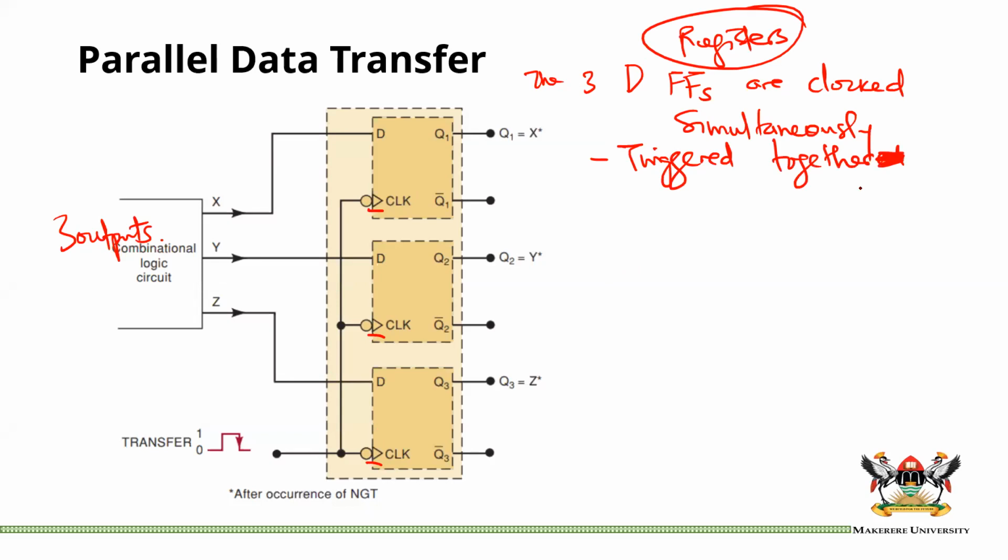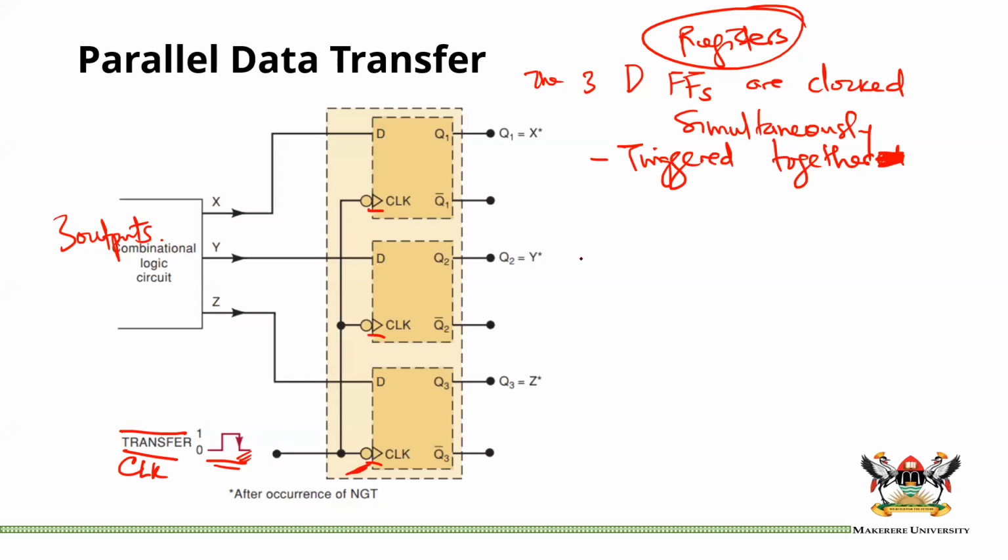By triggered, I mean that they will receive their active clock signal at the same time, and the trigger tells it, okay, you can change the output based on the current states of the inputs. So you have this clock signal, which we can call clock, or transfer with a bar. However you write this is fine, but we already know that it's an NGT. You have a bubble here, and so on and so forth.